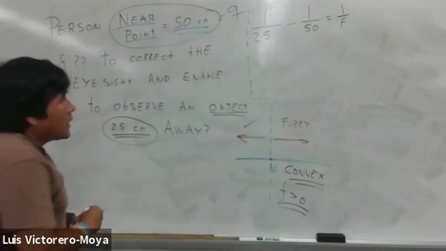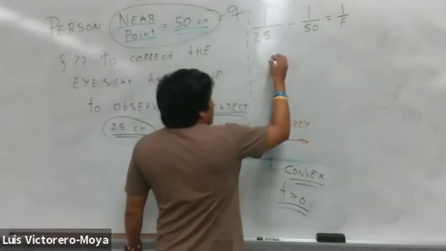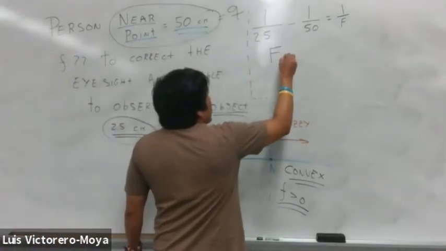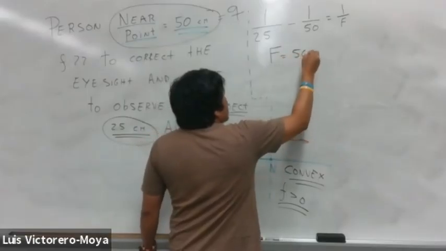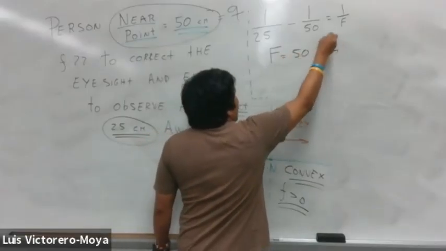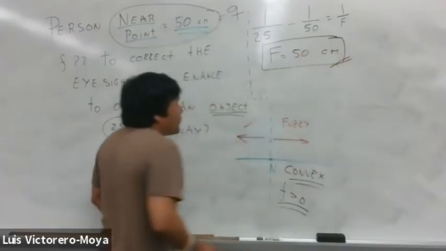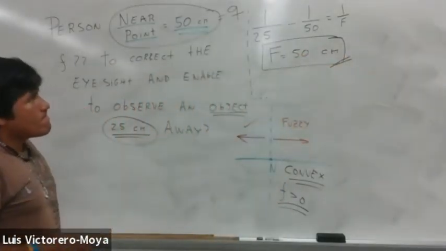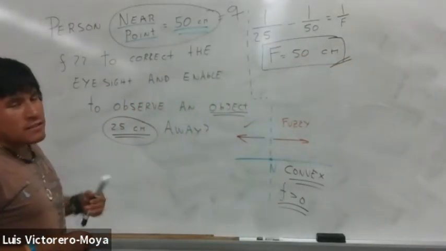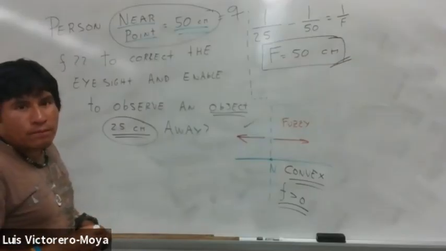If you solve here, you get a positive F of 50 centimeters. So the corrective lens should have that focal length. That will correct for this issue here.